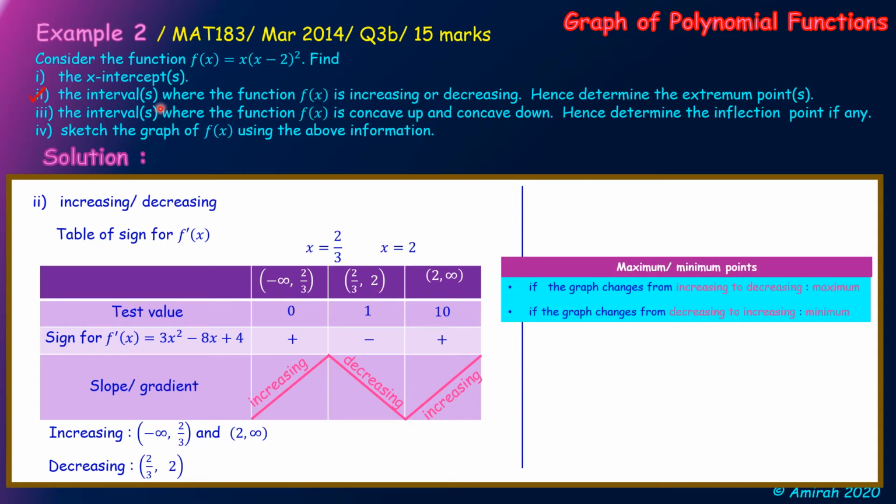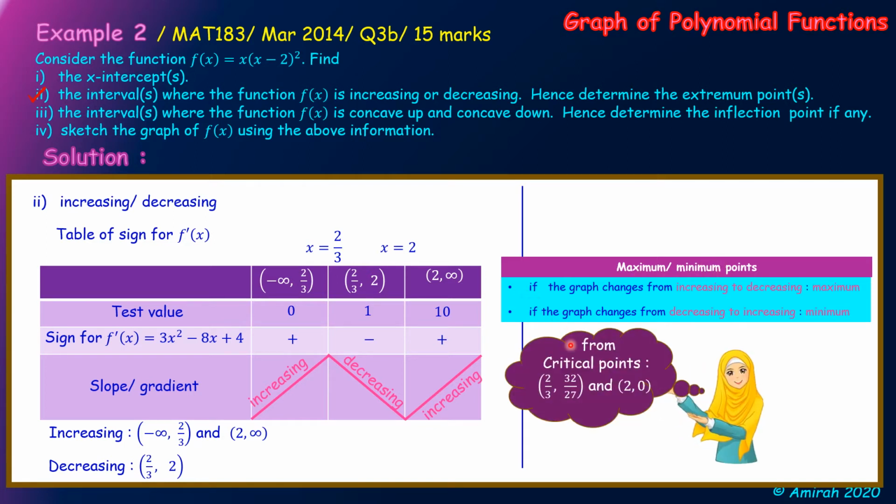After we find the increasing or decreasing intervals, we can determine the extremum point. Extremum point means we need to state whether the extremum point is a maximum or minimum. From the critical points in the previous slide, we get 2 over 3, 32 over 27, and 2, 0. If the graph changes from increasing to decreasing, then we get a maximum.